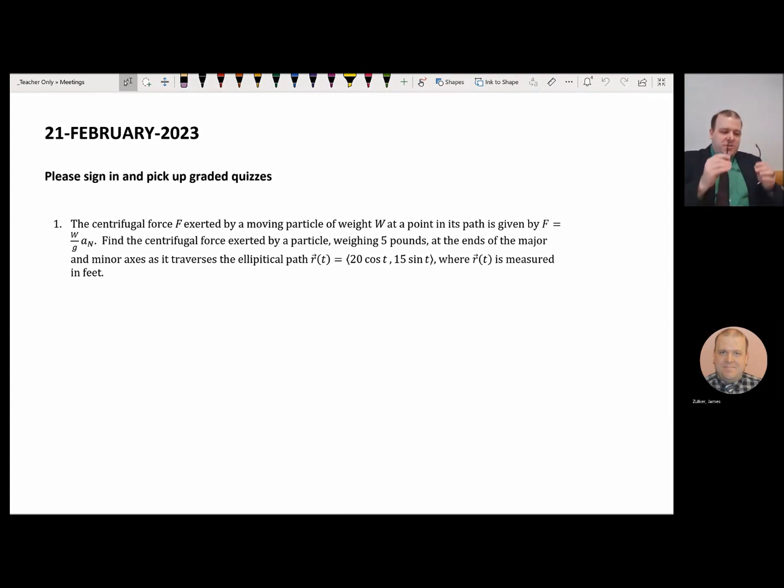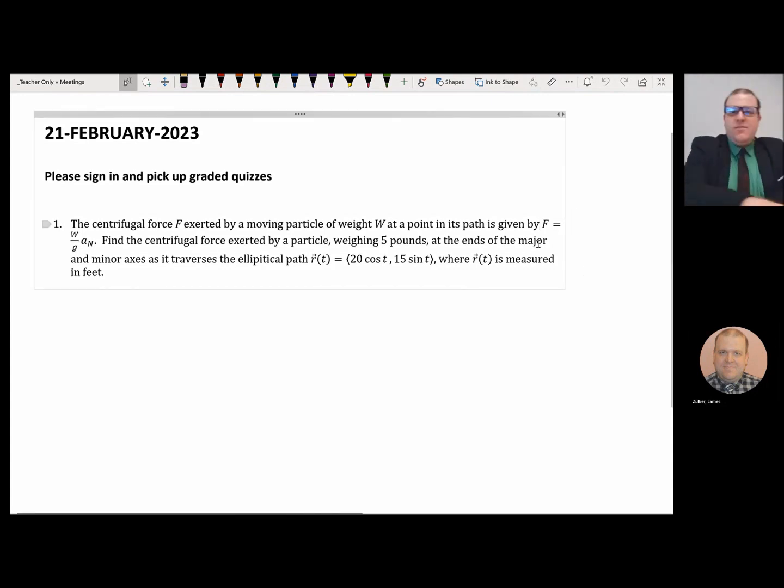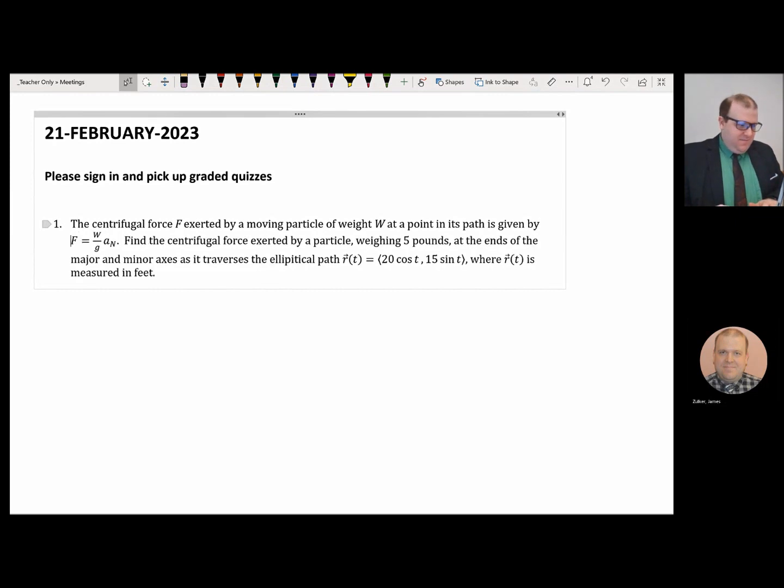Right? Centrifugal force exerted by a moving particle of weight W at a point in its path is given by F equals W over g times A_N.